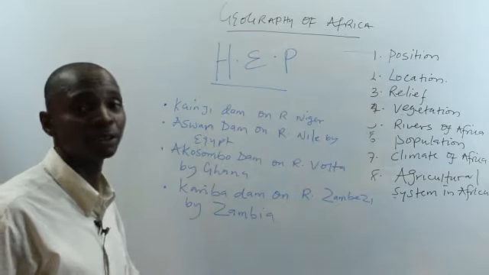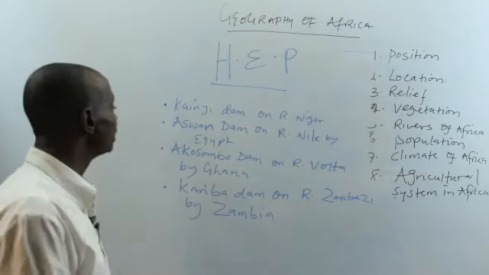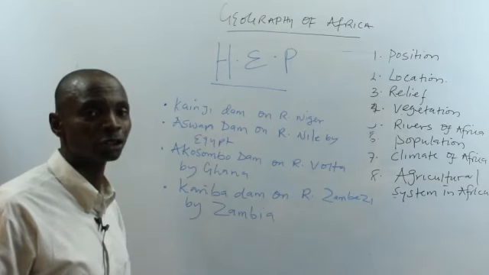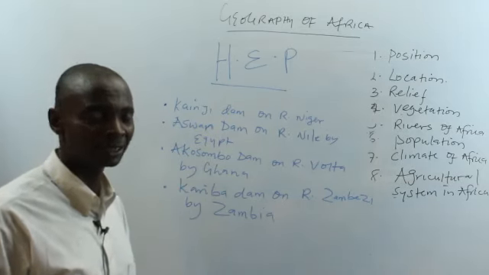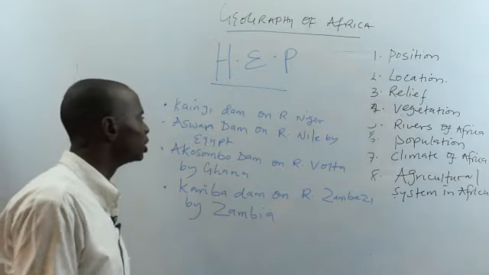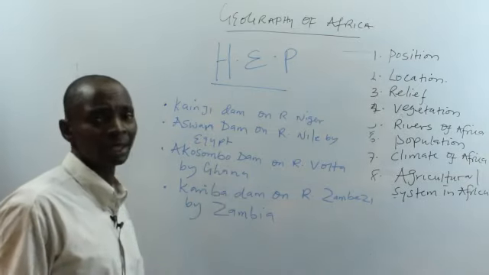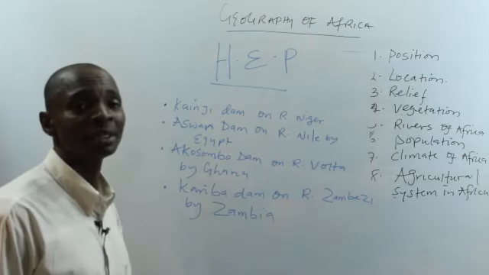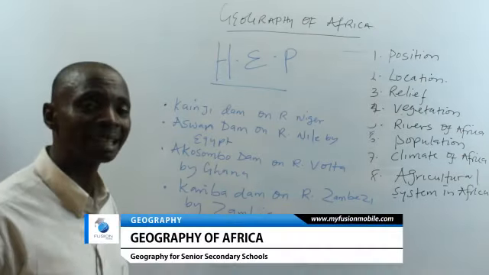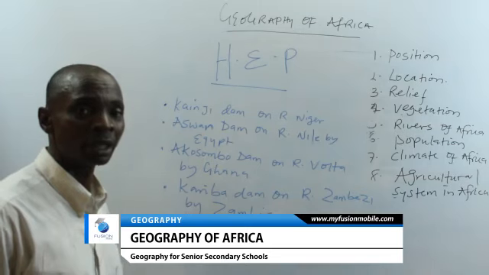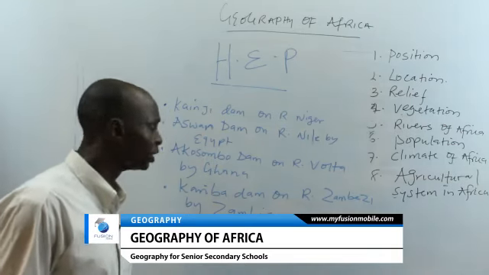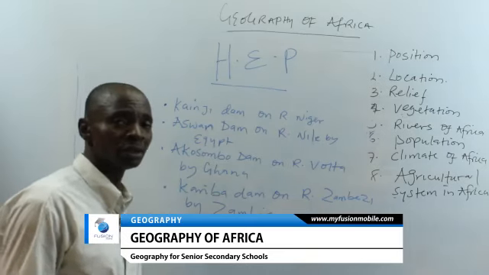That is, the distance is not far, and because of that, they cannot generate electricity. Number three, some of these rivers in Africa pass through desert. Therefore, they are exposed to excess evaporation, and because of that, it reduces the water volume.